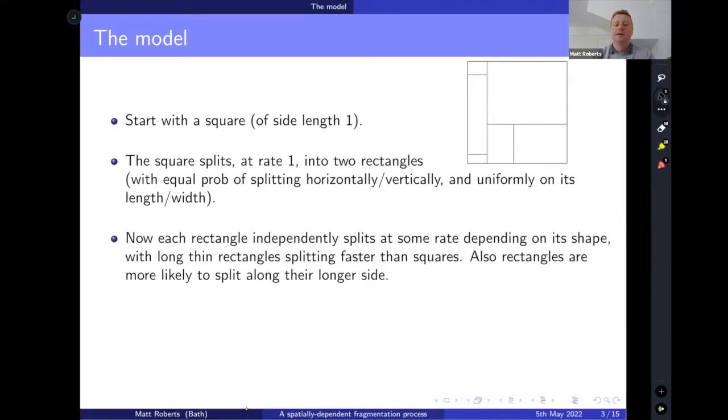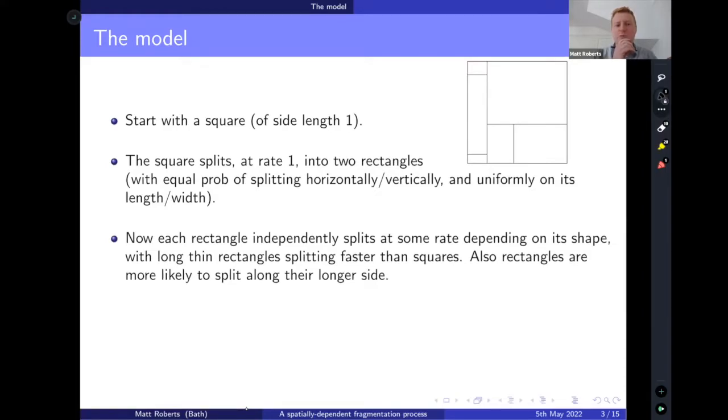Okay, and to finish defining the model, what I need to tell you is the splitting rate specifically, and the probability of splitting, say, vertically as opposed to horizontally. So what is a natural splitting rate?